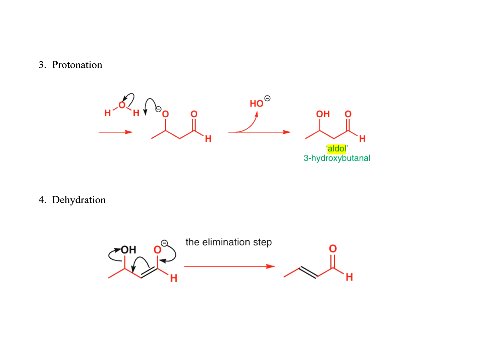Then protonation occurs. In this medium where water is present, this O minus takes the H and gets protonated, and removal of OH minus occurs. And this is aldol formation. One is a carbonyl group and one is a hydroxyl group, so its name is aldol.